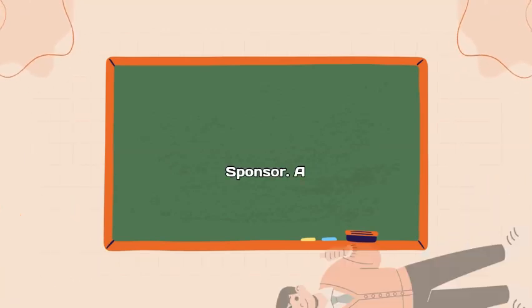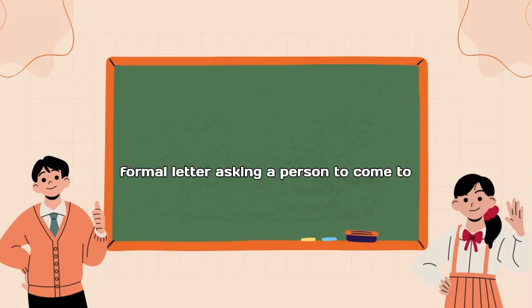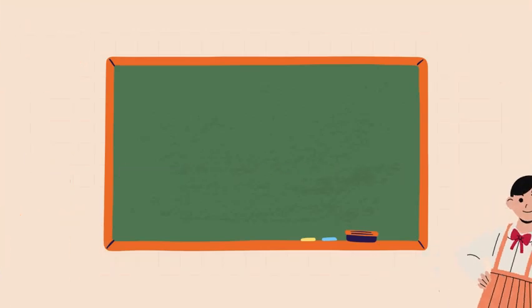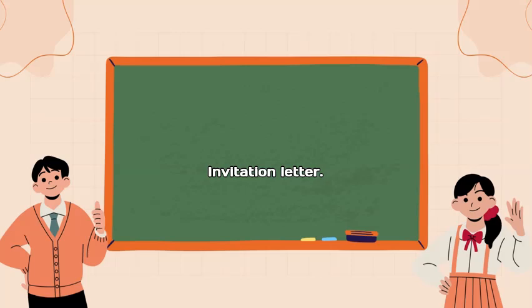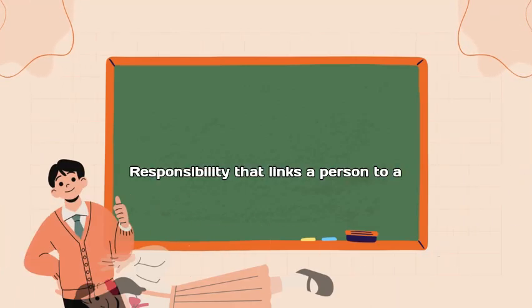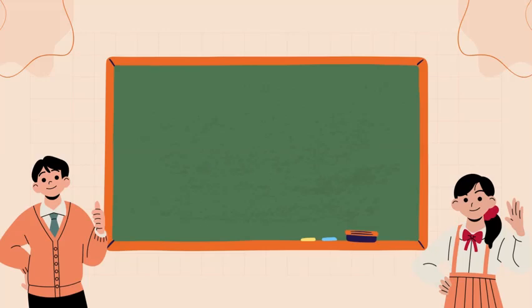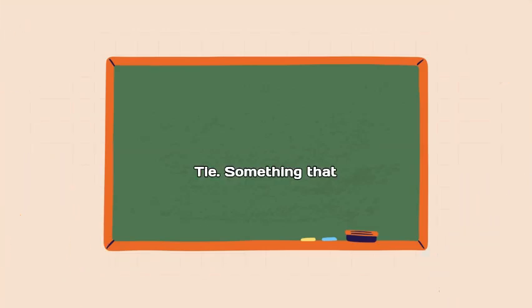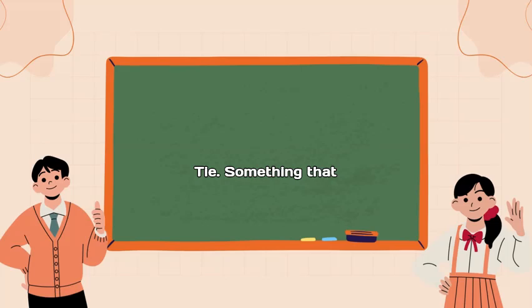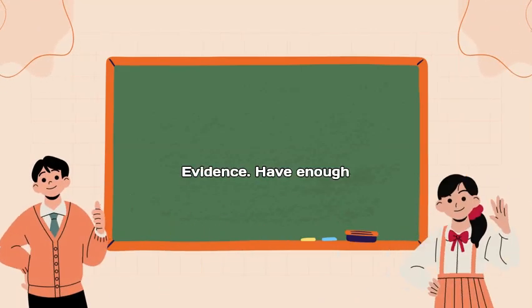Sponsor. A formal letter asking a person to come to a place. Invitation letter. Responsibility that links a person to a place or a thing. Tie. Something that shows the thing is true. Evidence.